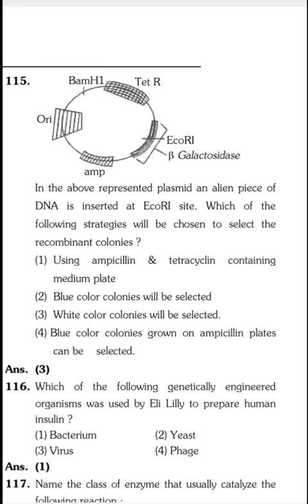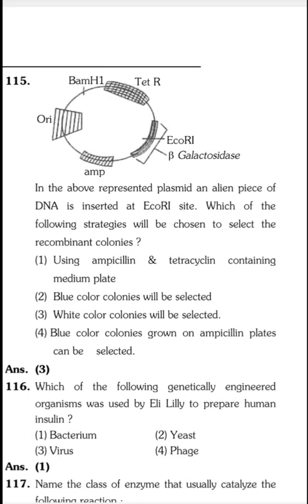Which of the following strategies will be chosen to select the recombinant colonies? The blue-white colonies will be selected because the beta-galactosidase is deactivated by insertional inactivation. So the colonies that will be produced with the recombinant DNA are white colored.